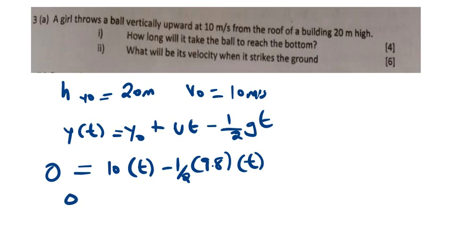We're going to have 0 is equal to 10 multiplied by t. Actually, the initial height they've given us, we've been given it is plus 20. We are not supposed to forget that. So we are going to have 10t minus, what is half of 9.8?